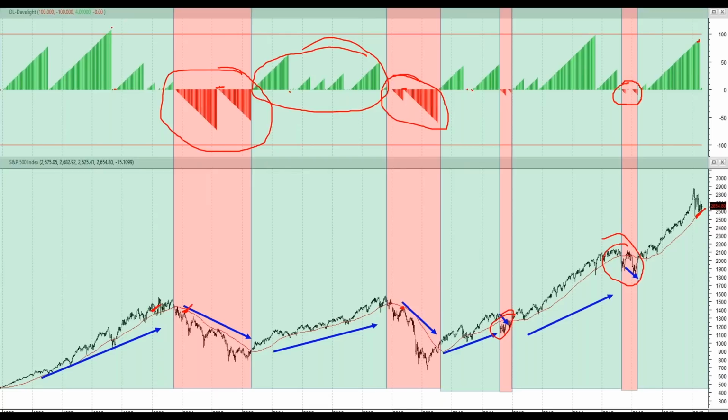For instance, I've drawn in lines at 100. You tend to have corrections once it gets up to about 100. I would not exit my positions just because this number is high, but I would certainly make sure I'm honoring my stops just in case the market begins to correct from those levels.